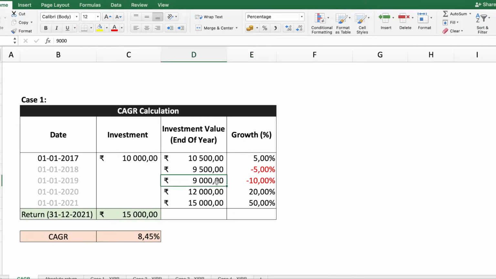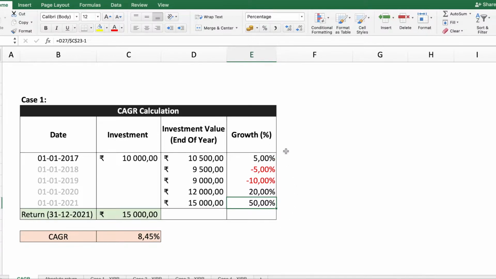And at the end of 2019, again it became 9,000, but at the end of 2020 the value became 12,000, so there was a return of 20% from this 10,000 amount, and at the end of 2021 it became 15,000, so it gave a 50% return.